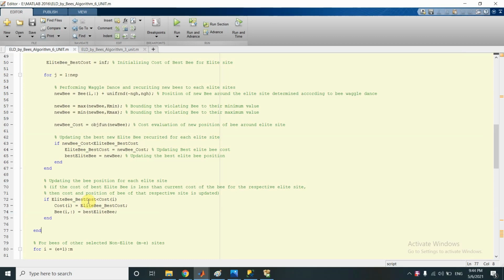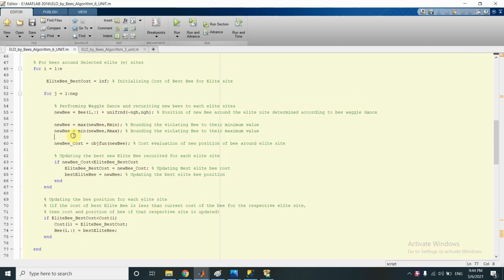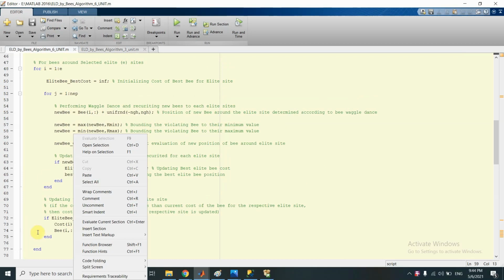And if the cost value of the best elite bee is found to be better than the cost value of the corresponding elite bee of the previous iteration, then we update this cost value, and with that we also update the position of the bee, and this marks the end of this elite site for loop.